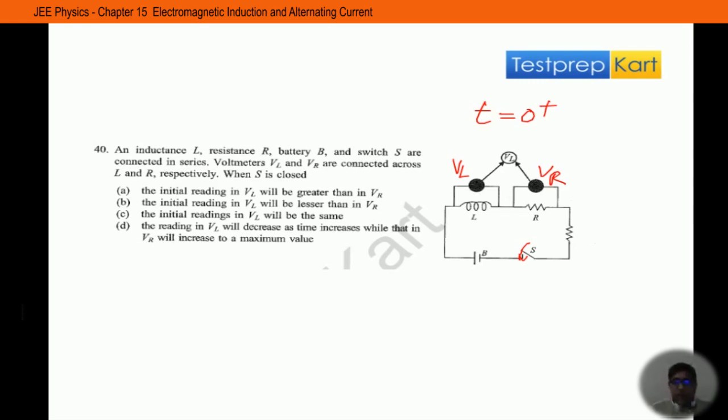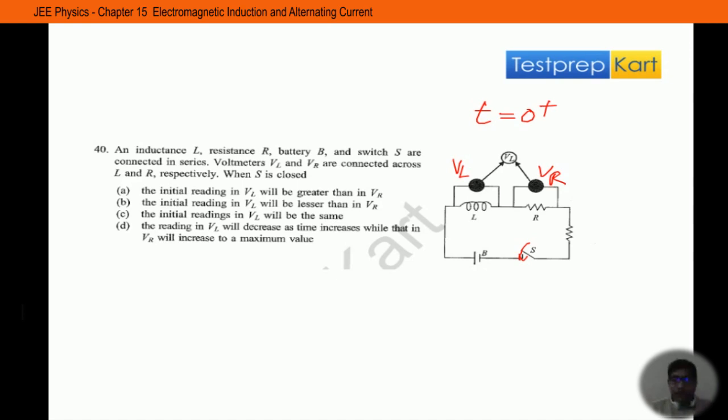And as time increases, inductor charging takes place, and the value of current starts increasing. Because the resistance is connected in series, the current in this resistance will increase, and according to Ohm's law, V equals I into R, the voltage across this resistance will increase.